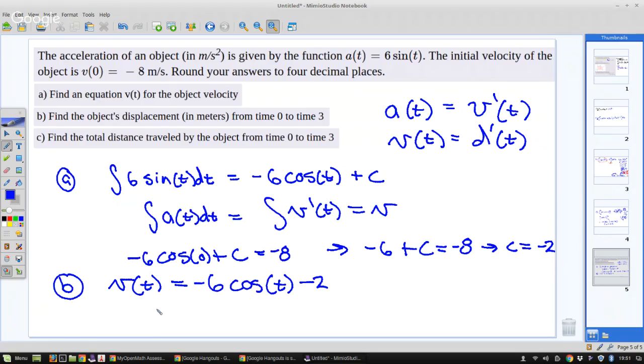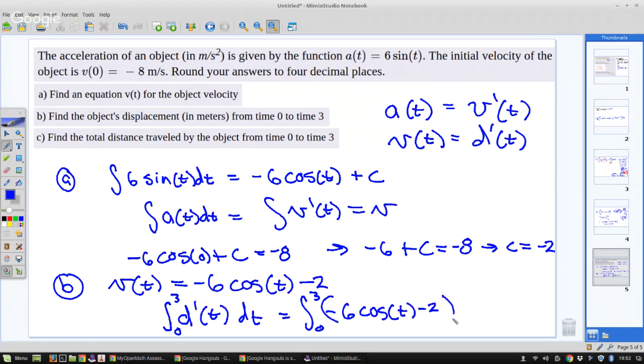Displacement is found by integrating the derivative of displacement over time, in this case from 0 to 3. Velocity is that derivative. So I want to find the integral from 0 to 3 of negative 6 cosine of t minus 2 with respect to time.